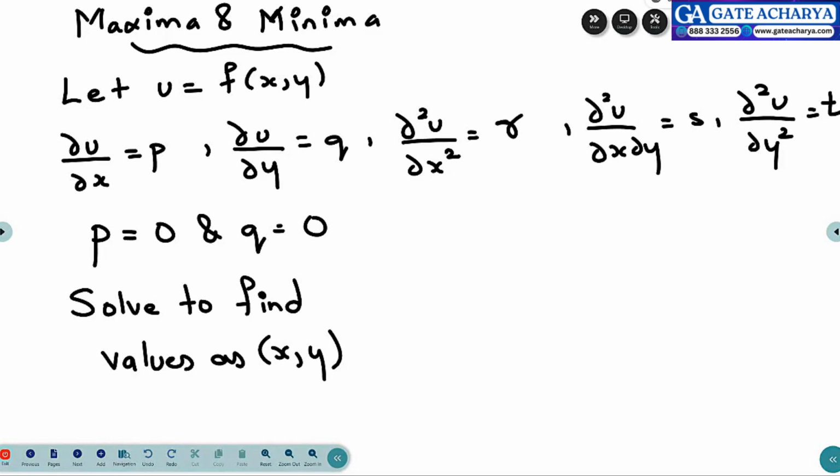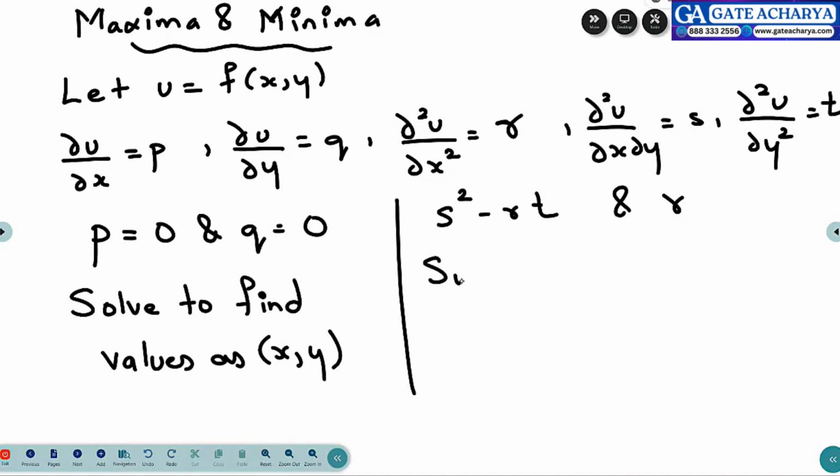Next, you have to generate a term known as s square minus rt, and another term is needed, r. Two terms are needed: s square minus rt, and r. What is s square minus rt? You can see here, s is this term, r is this term, t is this term. So accordingly, find out the values of these.